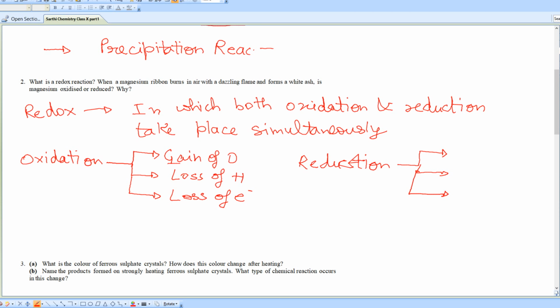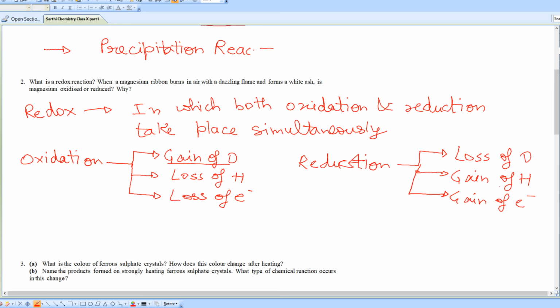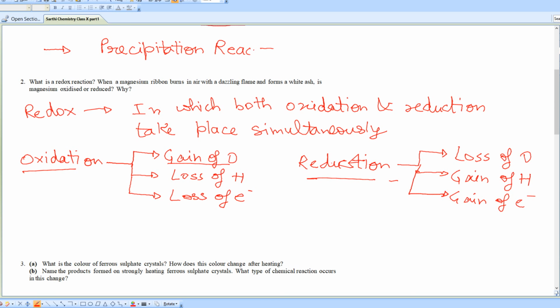If in oxidation there is a gain of oxygen, then in reduction it will be the opposite, loss of oxygen. Also gain of hydrogen, or gain of electrons. So whether it is a redox reaction or not, we just have to check whether oxidation and reduction are taking place. If both are taking place, then it is a redox reaction. Otherwise, if simply oxidation is happening, then it is an oxidation reaction, or a reduction reaction if only reduction. If both are happening at the same time, then it is a redox reaction.